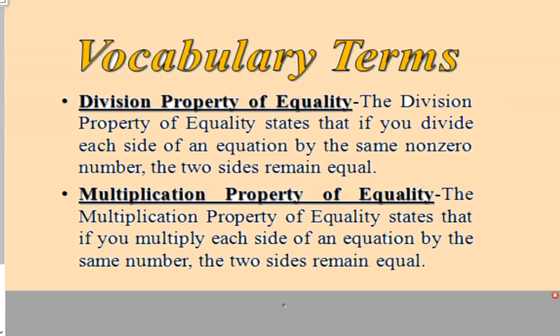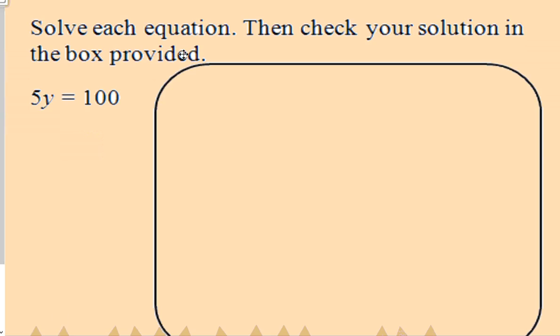I'm just going to jump right in and do some examples. I think that's the best way to do it. The first thing we're going to do is practice using the division property of equality with this equation: 5y equals 100.